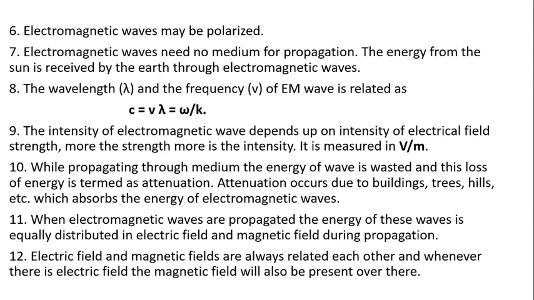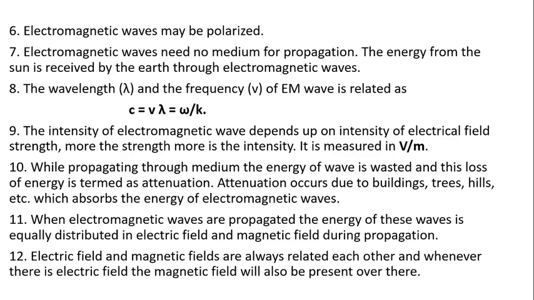While propagating through a medium, the energy of the wave is wasted, and this loss of energy is termed attenuation. Attenuation occurs due to buildings, trees, hills, etc., which absorb the energy of the electromagnetic wave.